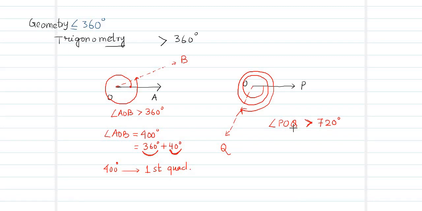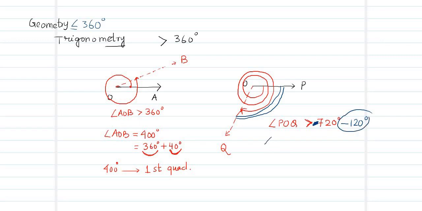Moreover, it rotates in clockwise sense, so the sign of the angle must be negative. If we assume that this angle is 120 degree, so another 120 degree we need to add.